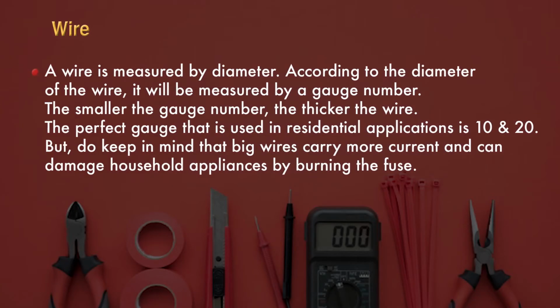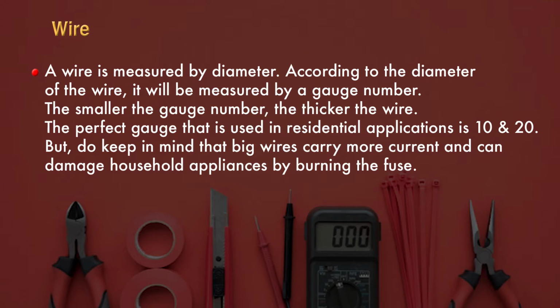A wire is measured by diameter. According to the diameter of the wire, it is measured by a gauge number. The smaller the gauge number, the thicker the wire. The gauges commonly used in residential applications are 10 and 20.